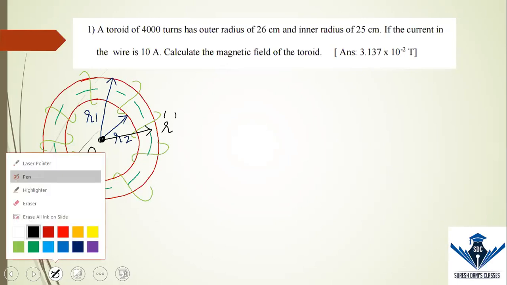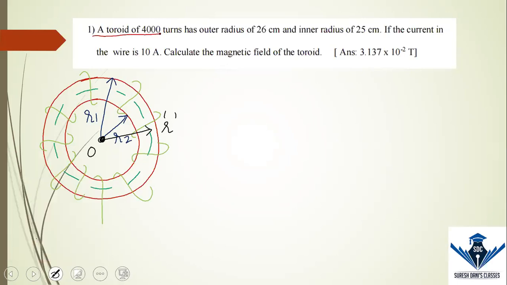Because if you read the question now, I want all of you to read a question. A toroid of number of turns is very clear. The number of turns is 4000, but has an outer radius of 26. Outer means R1 is being talked about. So R1 is 26 centimeters and the inner radius, this is similar to a textbook question that we have done, R2 is equal to 25 centimeters.